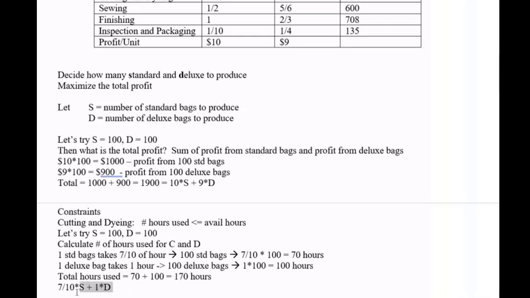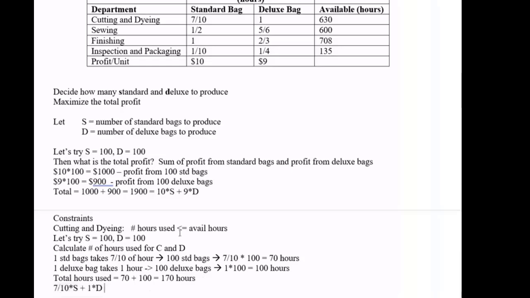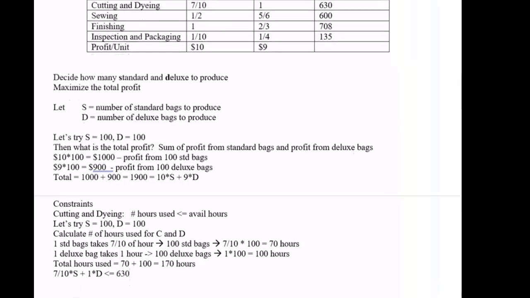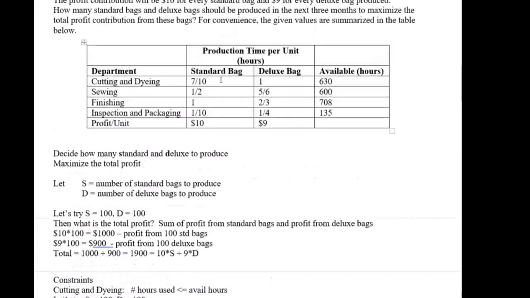So this part is the left-hand side, number of hours used. Okay, so we could say all this is less than or equal to the available hours, which we just take from here, 630. Now, do I have to do this for each department?